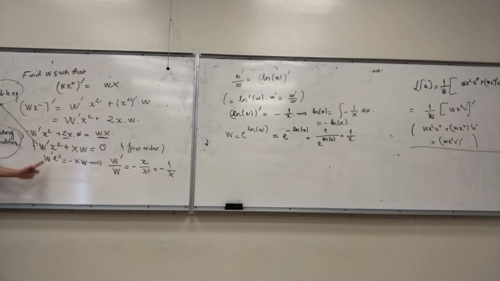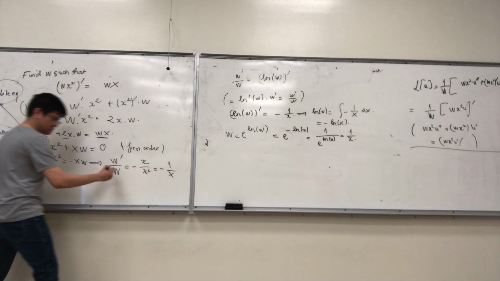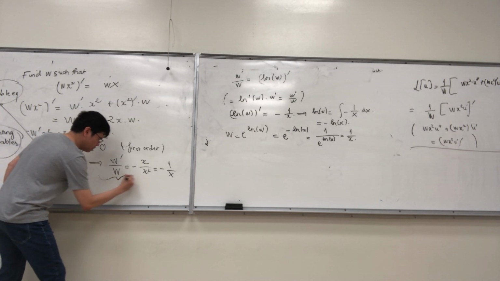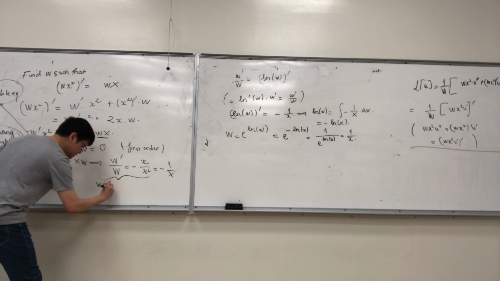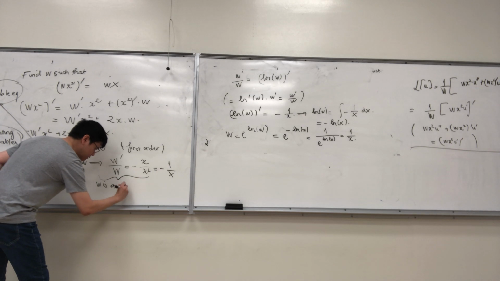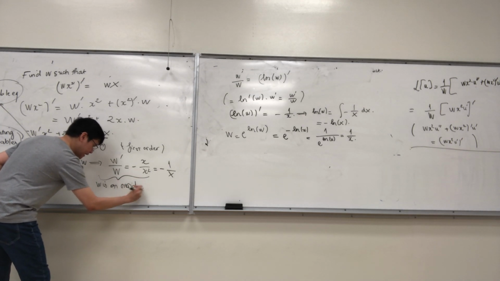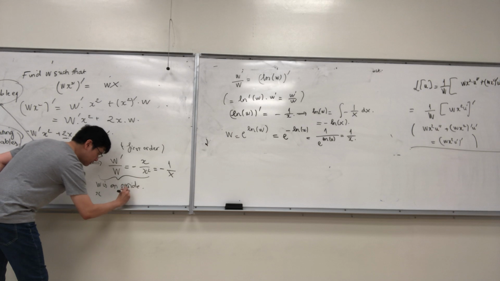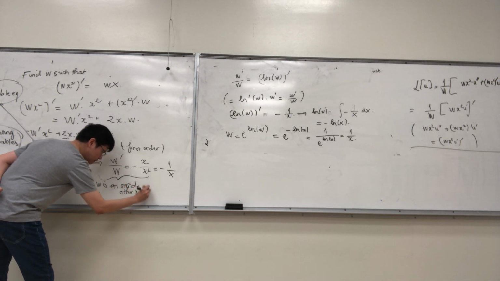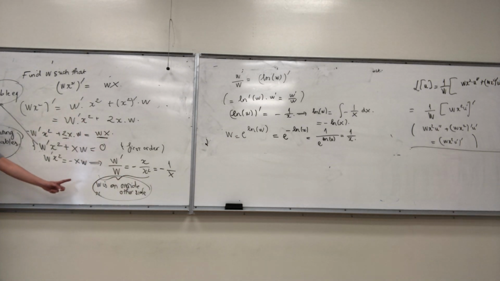You remove wx on both sides, you have w' x squared plus wx is 0.